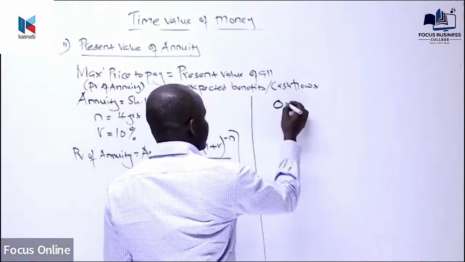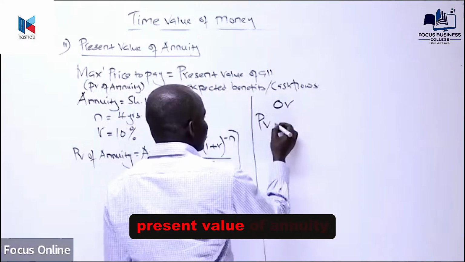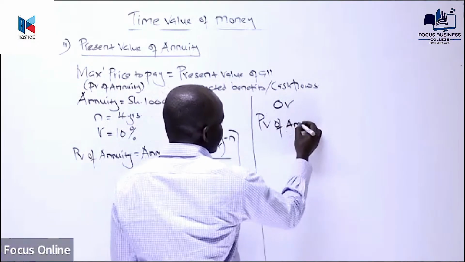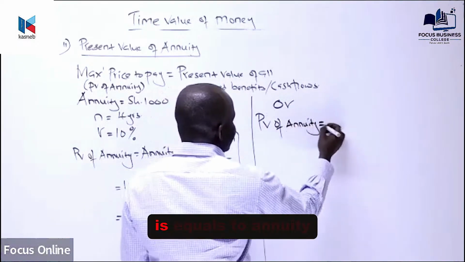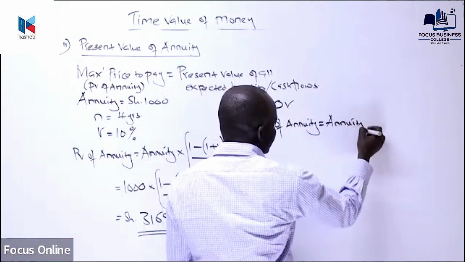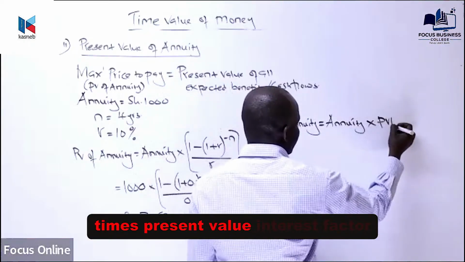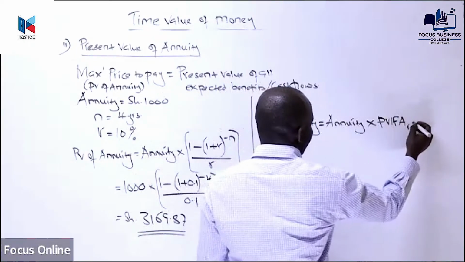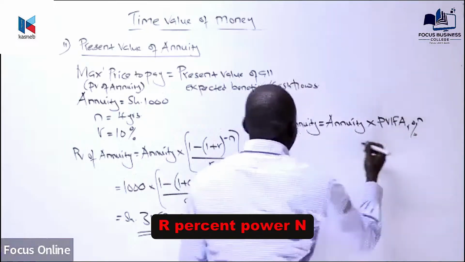Therefore, the present value of an annuity is equal to the annuity times the present value interest factor annuity, R% to the power n.